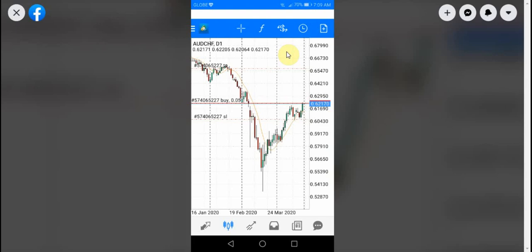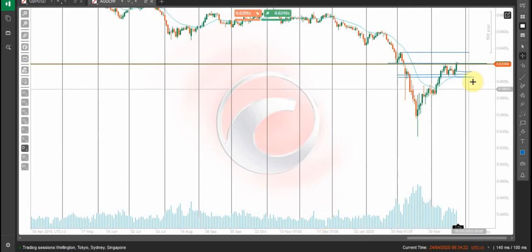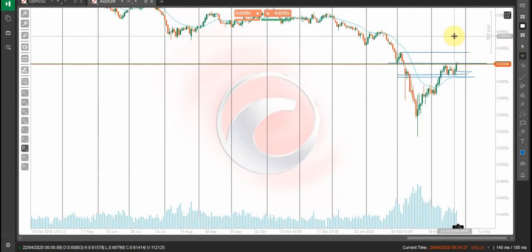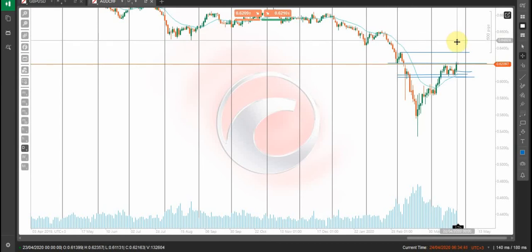0.65470, around that area. So if we check our chart, 65 is somewhere right here. 0.65470 could be a third TP, or right here.